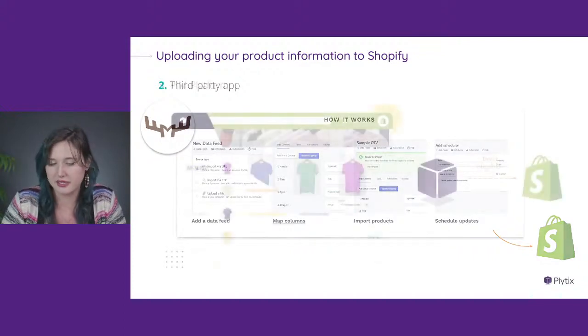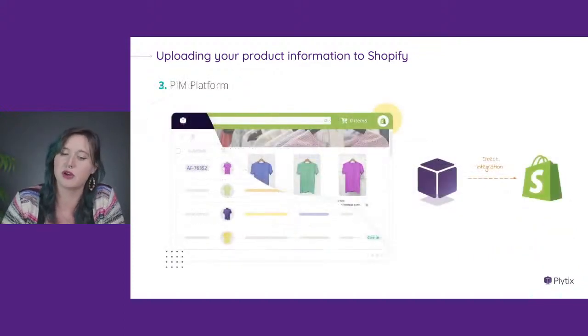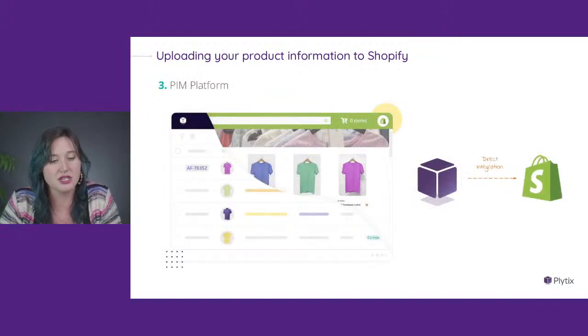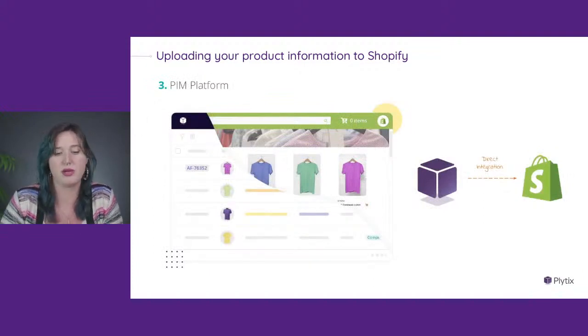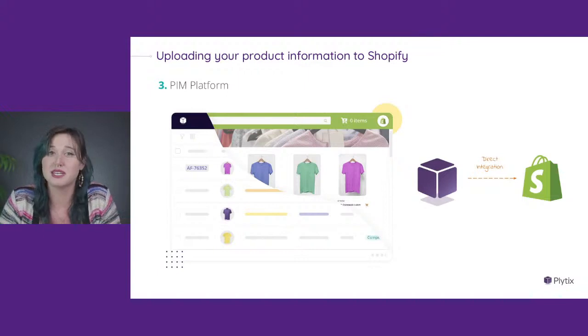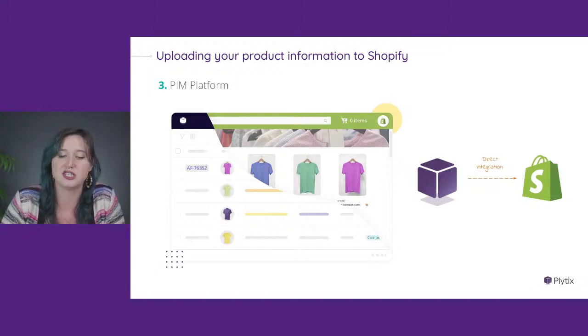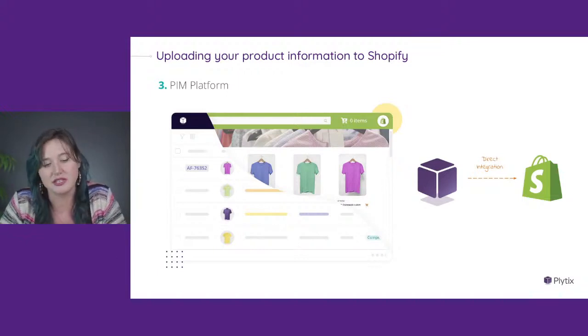And then finally, the third method for uploading your product information is by using a PIM tool or PIM platform. So PIM stands for Product Information Management. And a PIM system allows you to store all of your product information in one place, and that way you can send it directly to Shopify with the integration from the PIM.